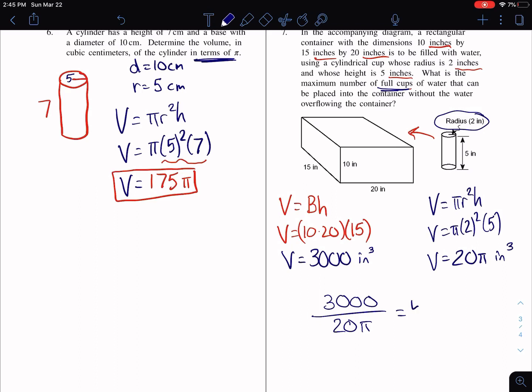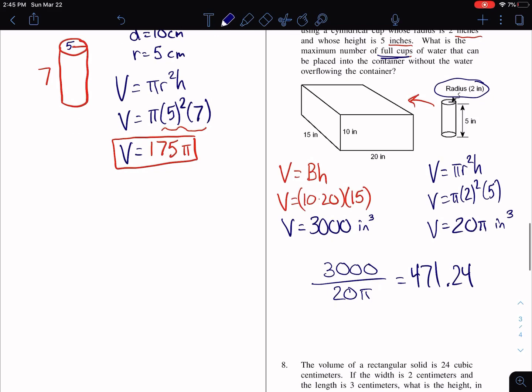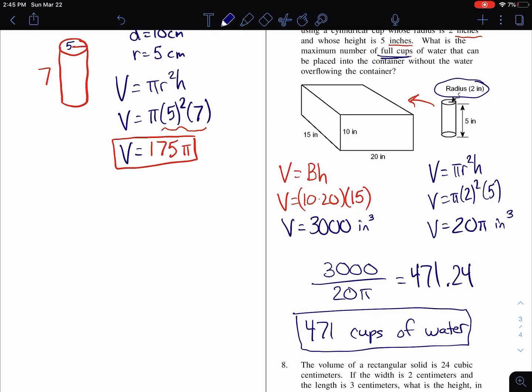And we get 471.24, and that's an approximate answer. Okay, I am rounding there. But they wanted to know full cups, so 471 cups of water. All right, so that would be how you'd solve something like that.